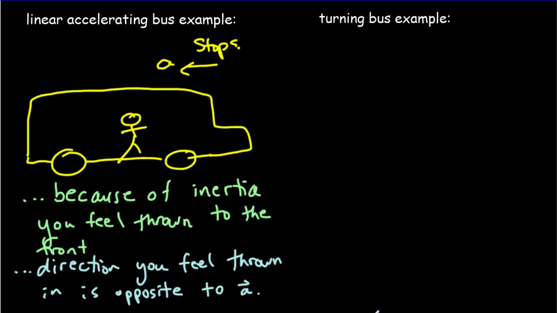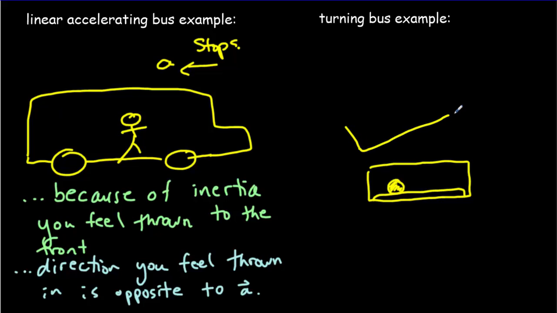Now let's take a look at what happens in a turning bus. So let's imagine this is the bus seat, and there's your head right there. A few instants later, the bus, because it's turning, might be approximately here. And here's your seat.